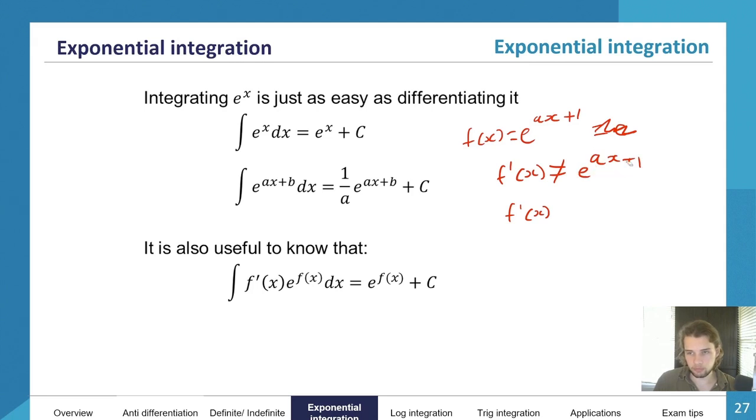So let's say, and I'm just doing a quick one, I think you've probably all seen this before, if we have f(x) equals e^(x^2), then the differential is equal to 2x times e^(x^2).